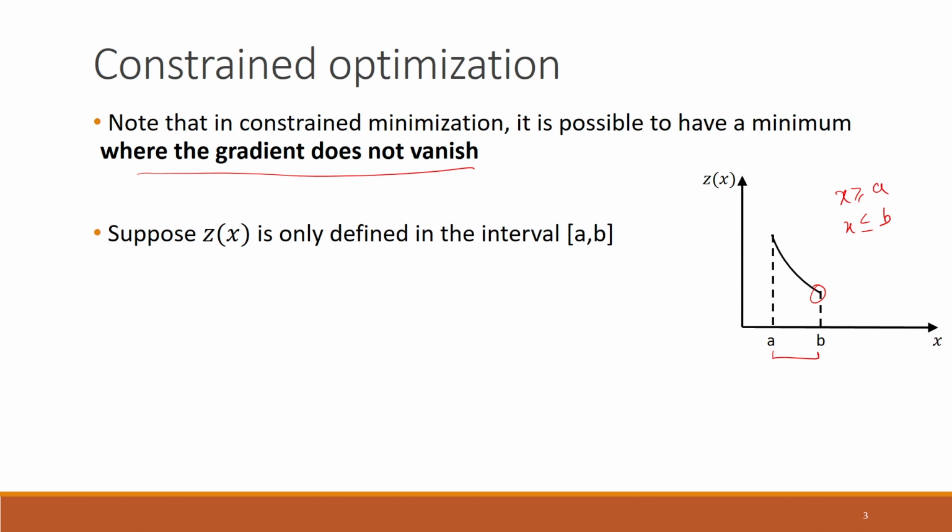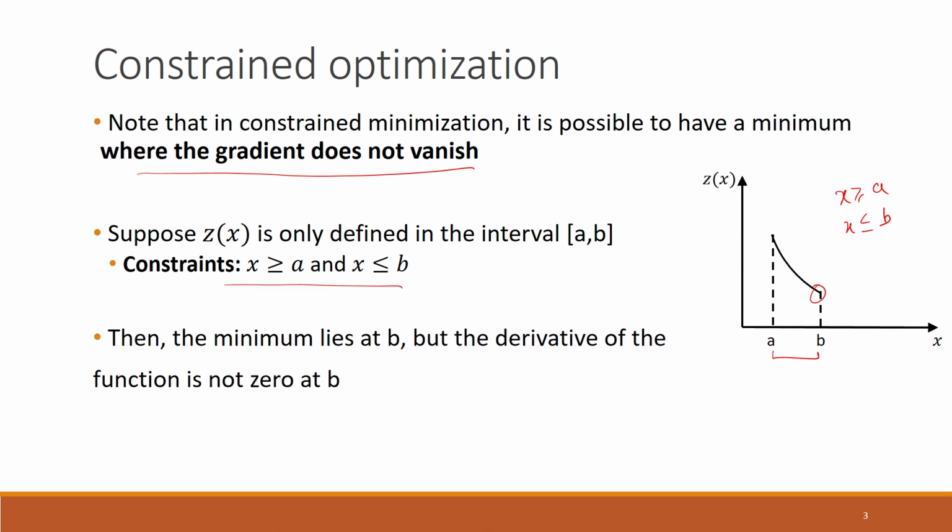Therefore, the concepts that we had learned in the unconstrained optimization case need not always hold true for the constrained optimization case. This is saying the same thing, that we have these two constraints in this example, x greater than or equal to a and x less than or equal to b. So, the minimum lies at b, but the derivative of the function is not 0 at b.